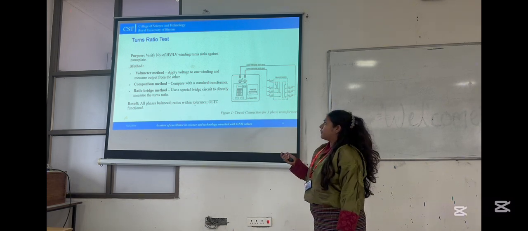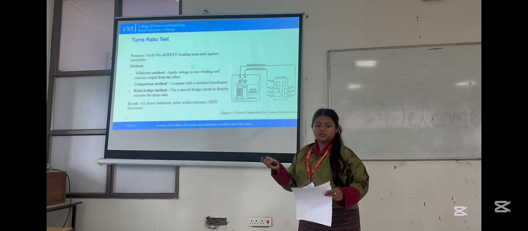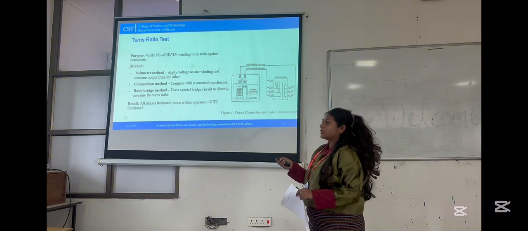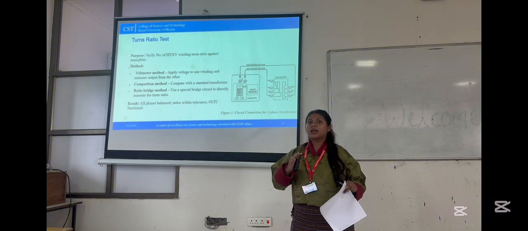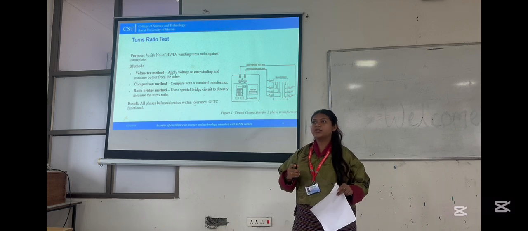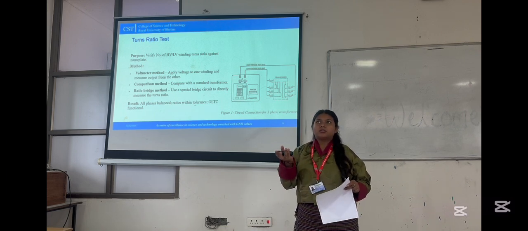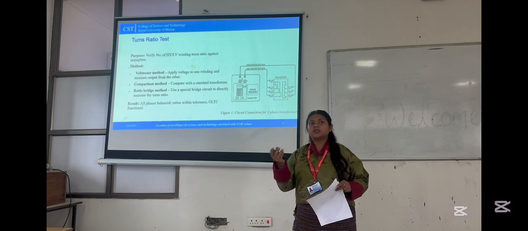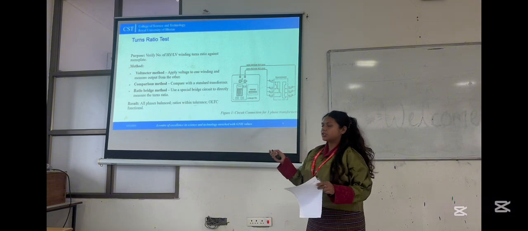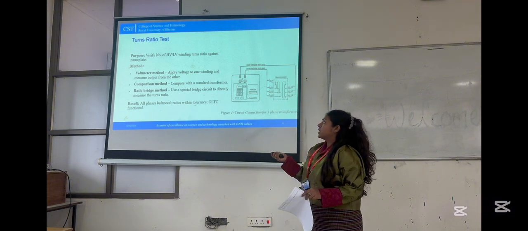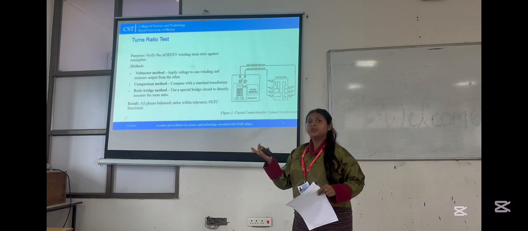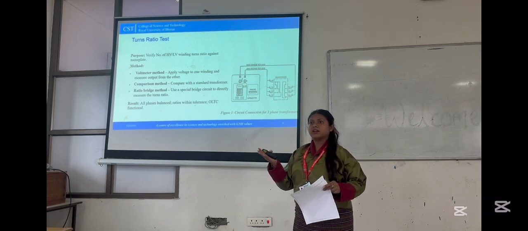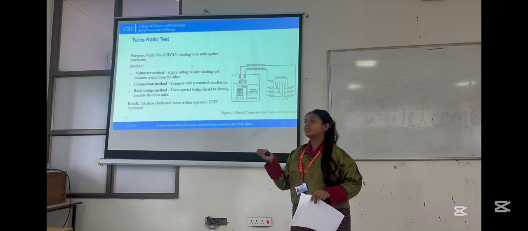For the voltmeter method, first voltage is applied to the LV side of the transformer, and from the high voltage side of the transformer the voltage is measured. Then the turn ratio is calculated. The voltmeter method is simple and widely used for routine checks.